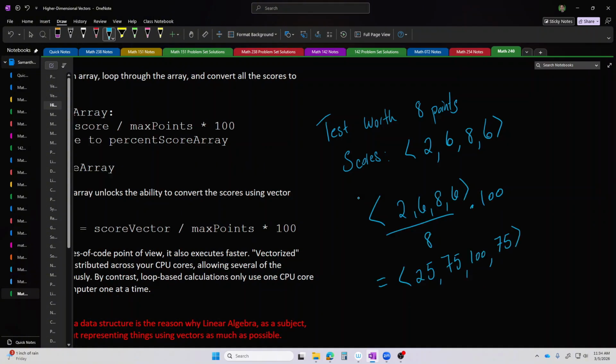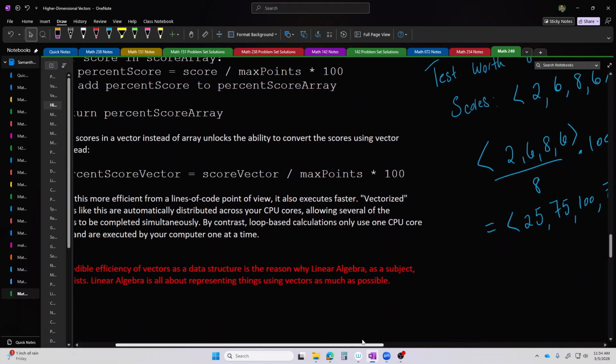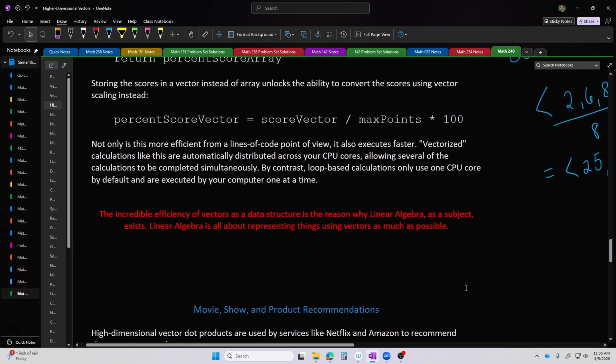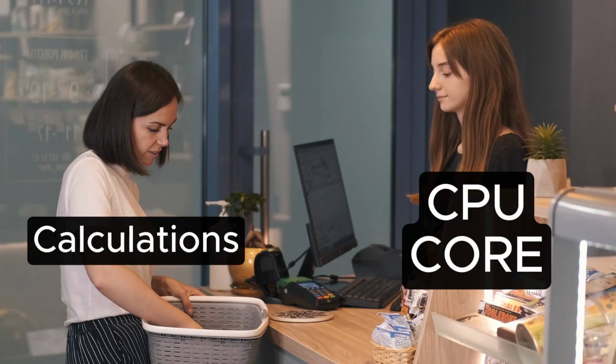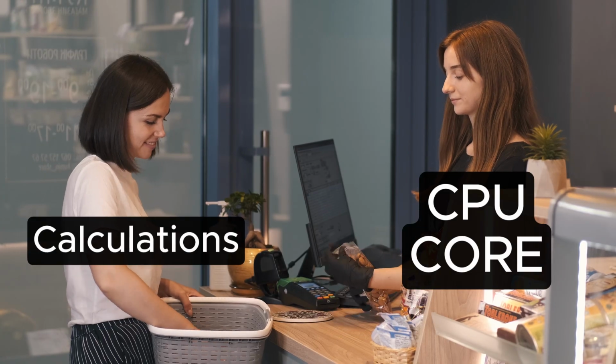And the advantage, especially in coding, of doing this conversion as a vector instead of as a for loop, is that if you do vector calculations in a computer, the computer is like, okay, my CPU has multiple cores, and each CPU core is basically an employee who is running calculations in your computer.